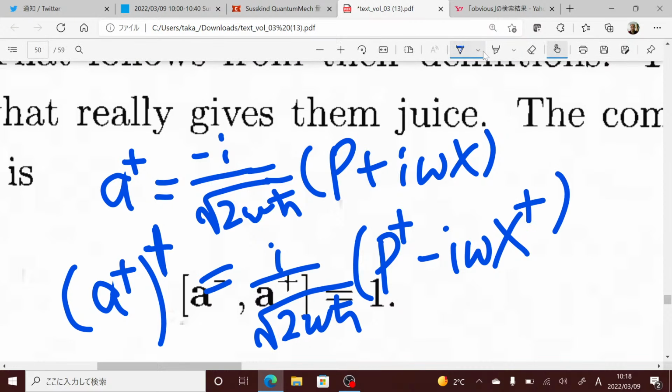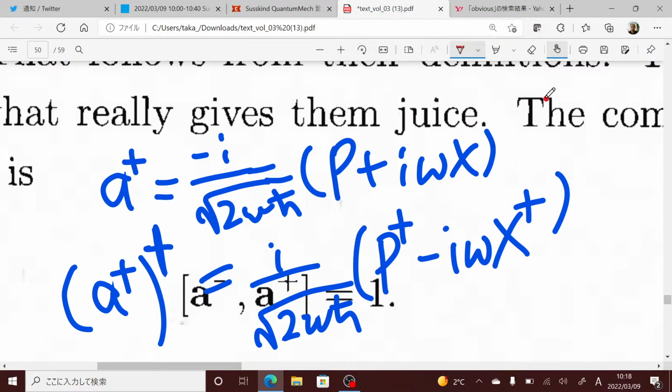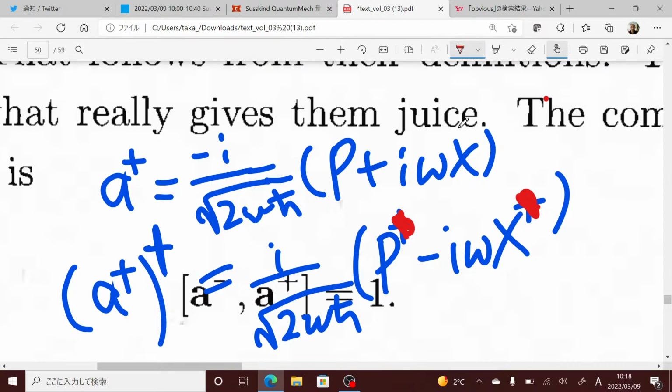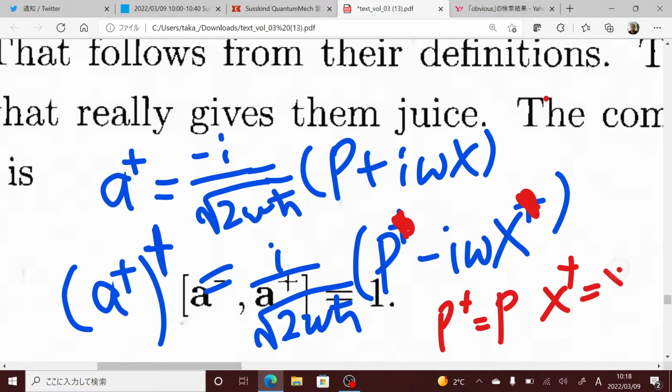Then this P dagger, you can omit, because P dagger equals P and x dagger equals x.